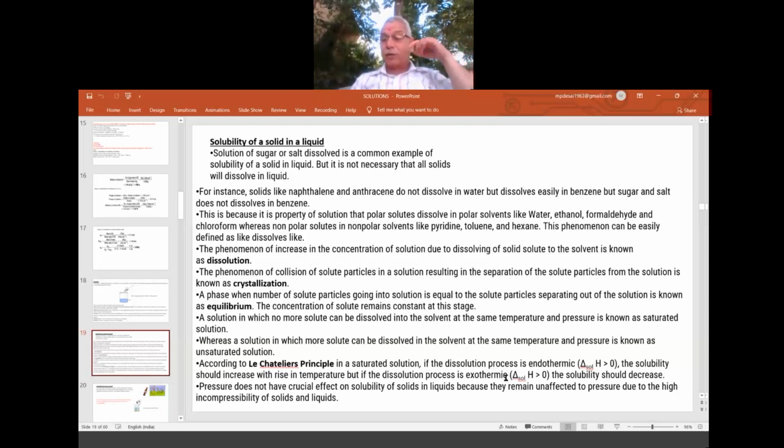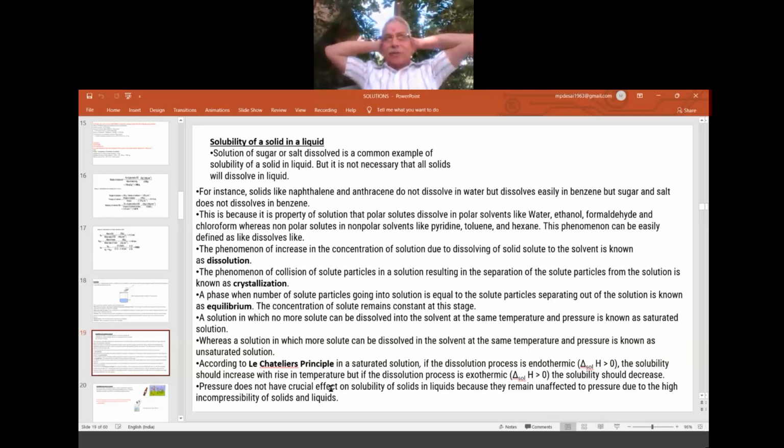if the dissolution process is endothermic, the solubility should increase with a rise in temperature. See, you are mixing a solid in a liquid. By chance, if that dissolution process is endothermic, that means by supplying heat energy it is made soluble in a liquid.